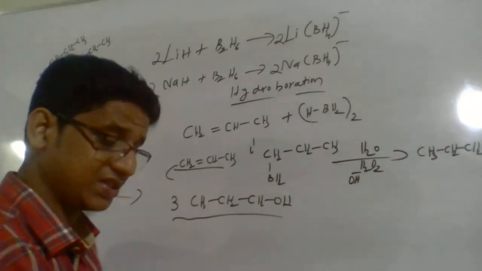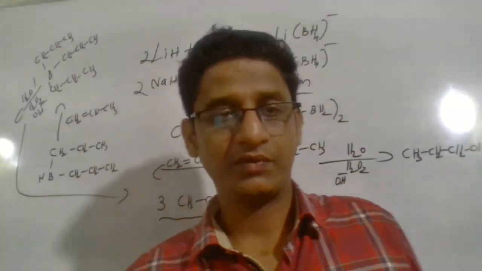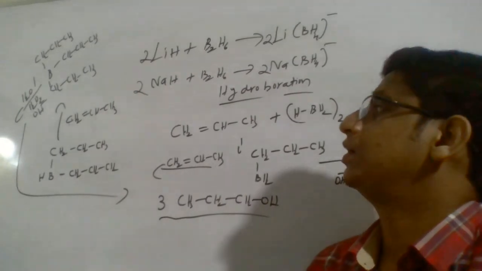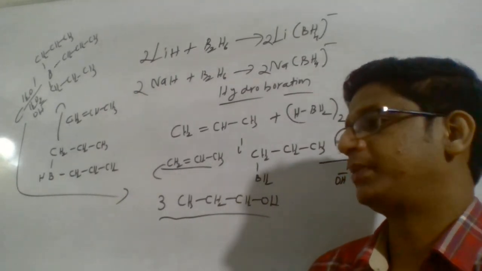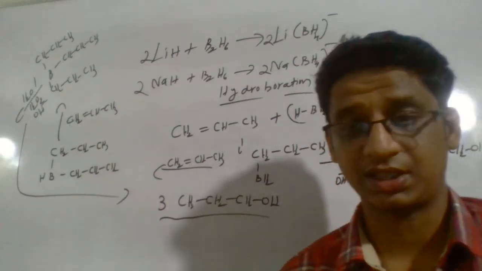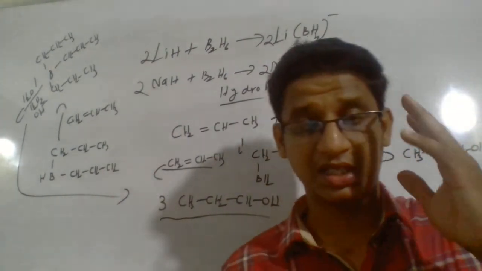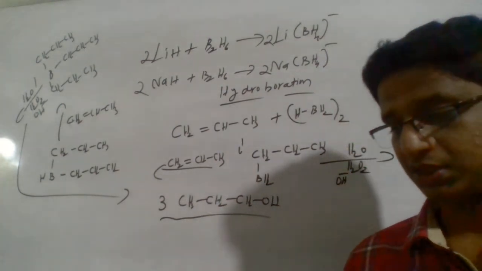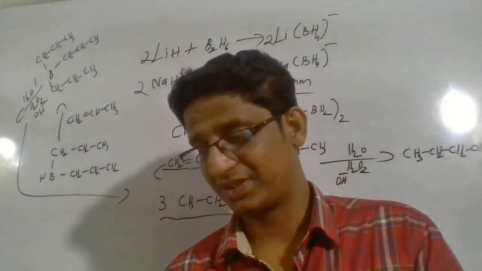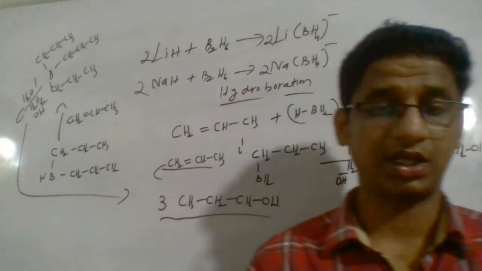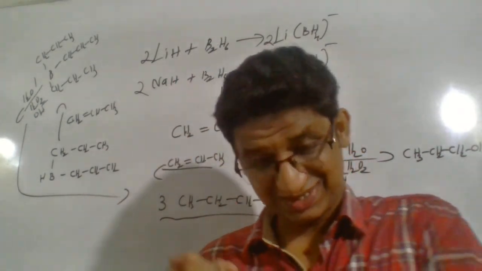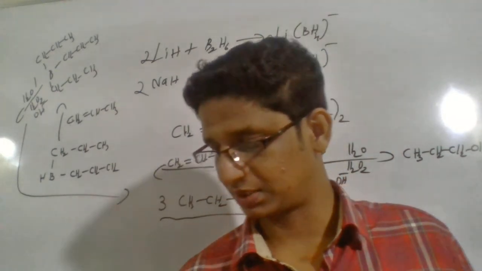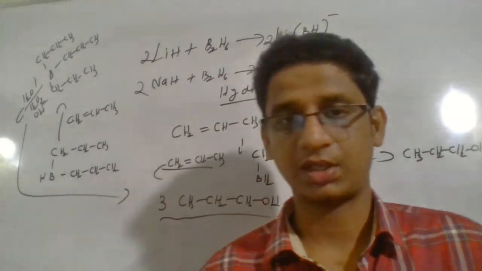The hydroboration reaction we generally carry out for the synthesis of compounds like alcohols, where hydrogen and the boron part are added across the unsymmetrical alkene against Markovnikov's rule. That means it obeys the anti-Markovnikov rule. So these are the products you get when diborane is treated with an alkene, and that reaction we call the hydroboration reaction. So these are the reactions of diborane. We can discuss the structure and more in the upcoming classes. Thank you.